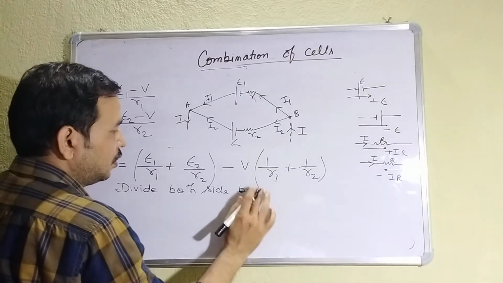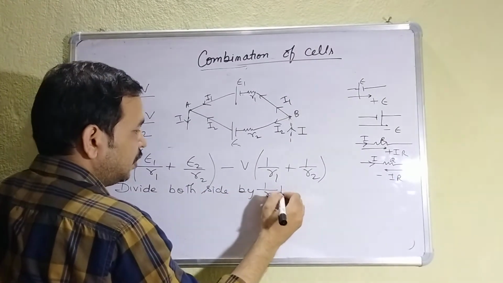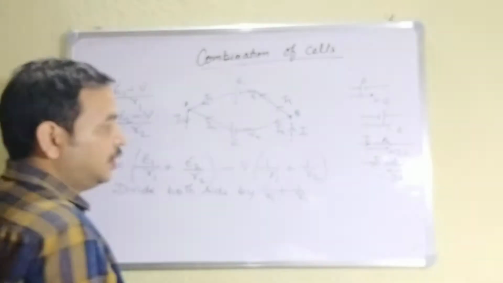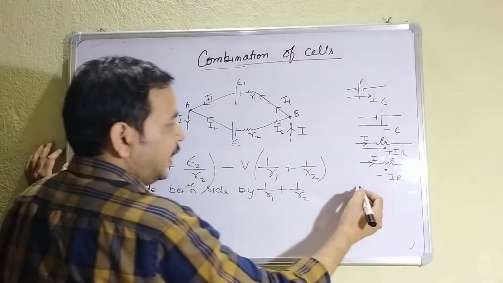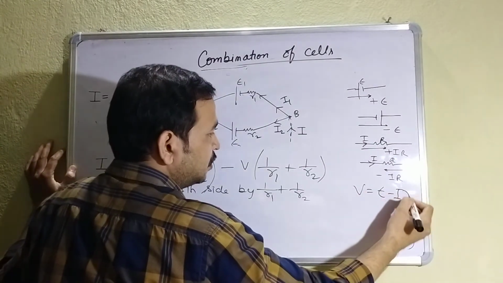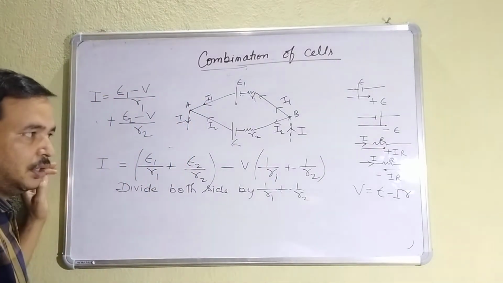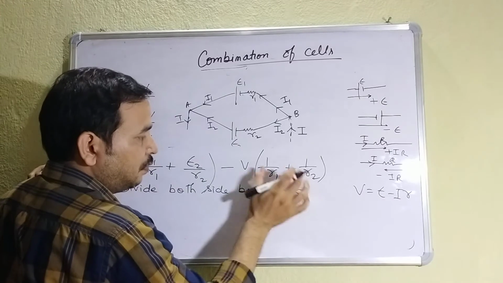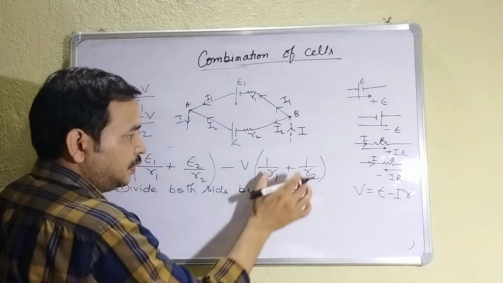Now divide both sides by 1 by R1 plus 1 by R2. Actually, why are we doing this? We have to bring it in the standard form that V is equal to E minus IR. In this form we have to bring it. Because V has a coefficient, we have to make it 1. That's why I have divided with this one.